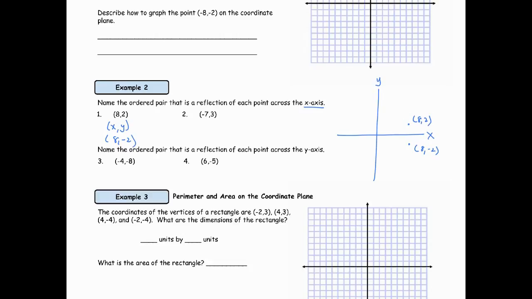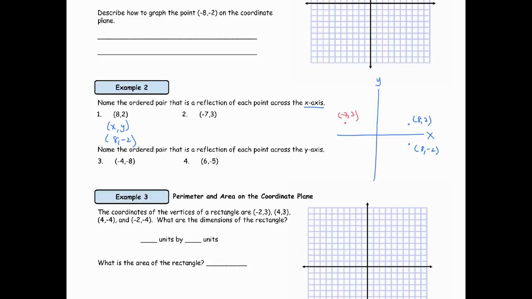Continuing to number 2, negative 7, 3 means you start at the origin, you go left 7 and then up 3. That's negative 7, 3. Again, if we're going to cross the x-axis here, we need to count 1, 2, 3 units down to our x-axis and then go 3 more.